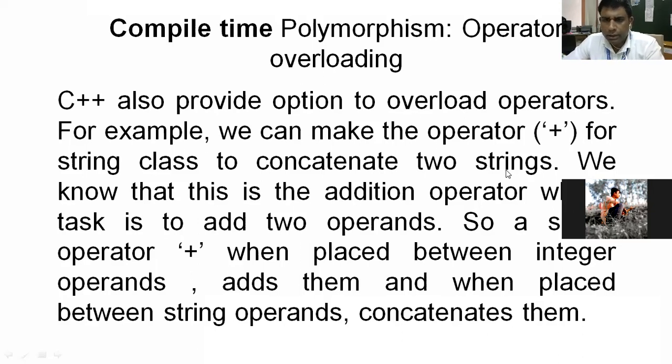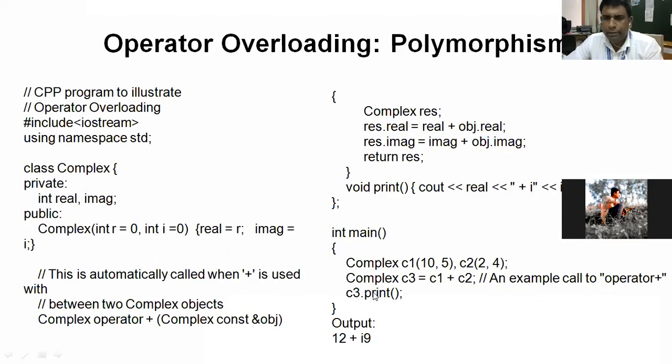Now look at this example of operator overloading. In the first block, we are creating a class Complex. In this we have two private variables, real and imaginary.